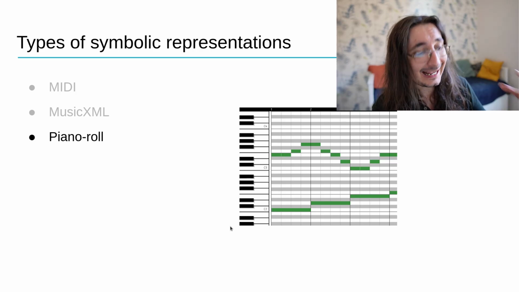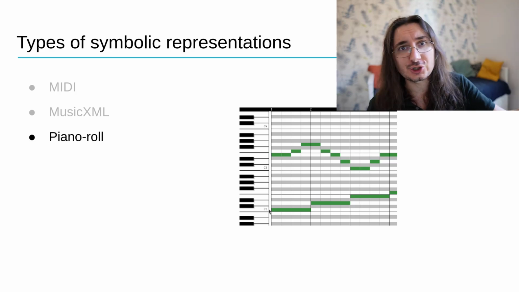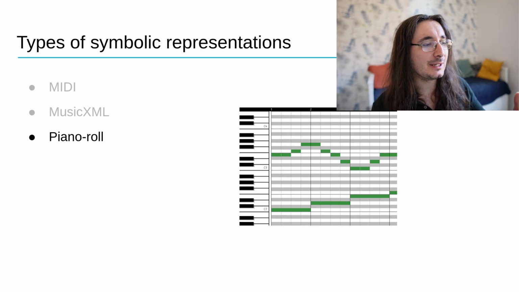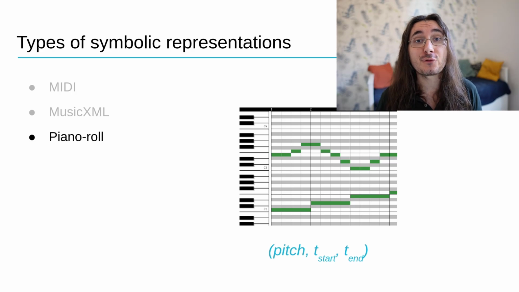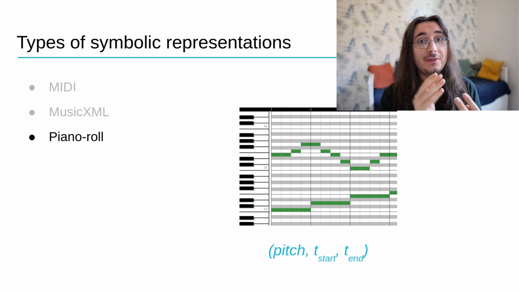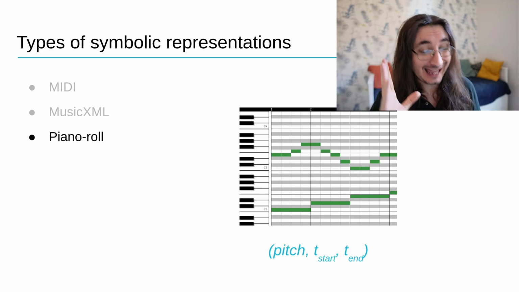On the x-axis you have time, and on the y-axis you have pitch, different notes that you can actually trigger there. To encode a music event with a piano roll representation, we can use a simple tuple with 3 pieces of information: pitch, the time when the event starts, and the time when the event ends.